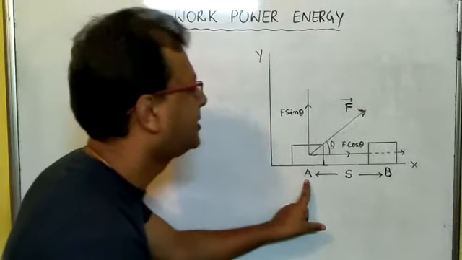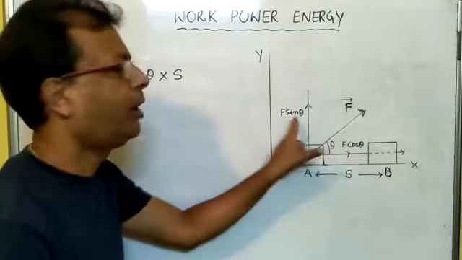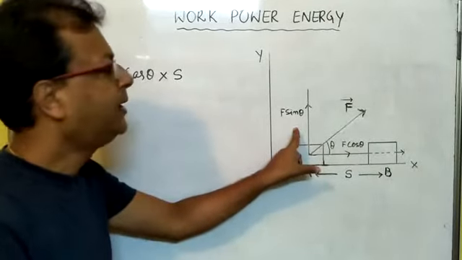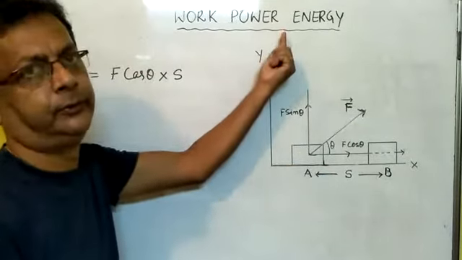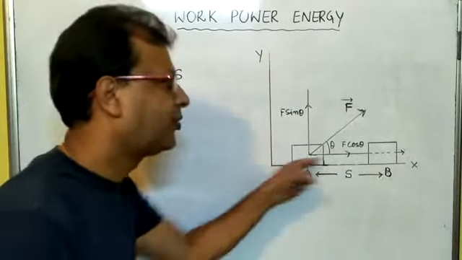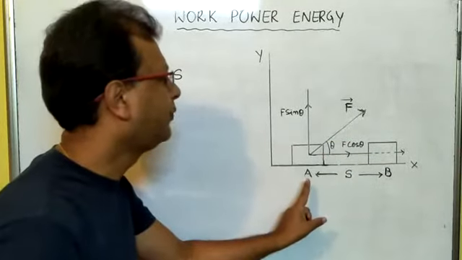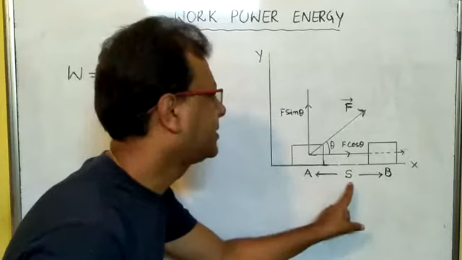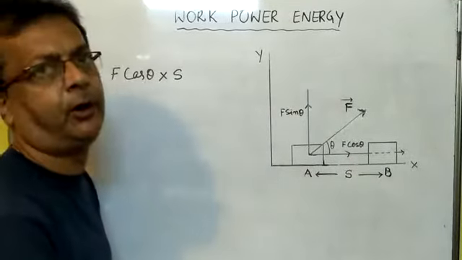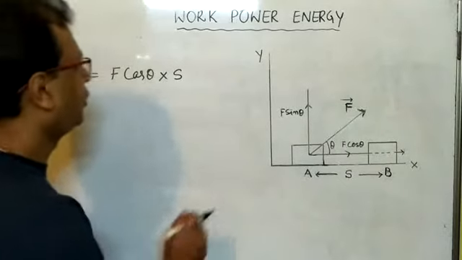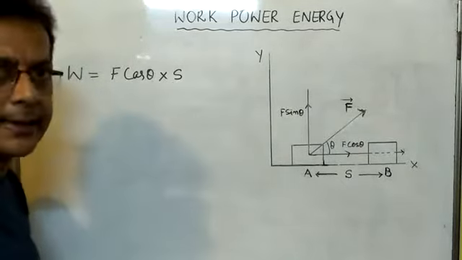Now, this body is moved from A to B by F cos theta, not by F sin theta. F sin theta will take the body upward. F cos theta will drag the body along the horizontal. So if you move from A to B by distance S, F cos theta is responsible for displacement. So work done is F cos theta into S.